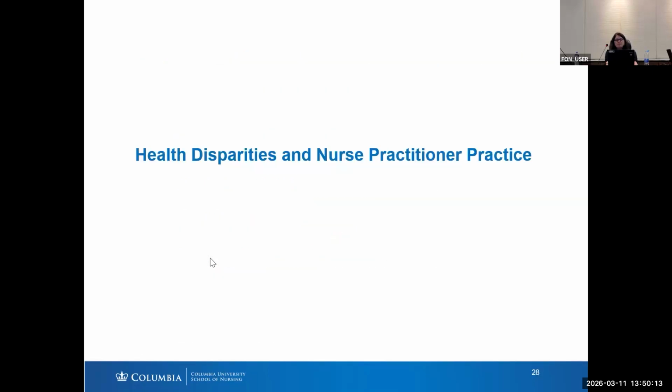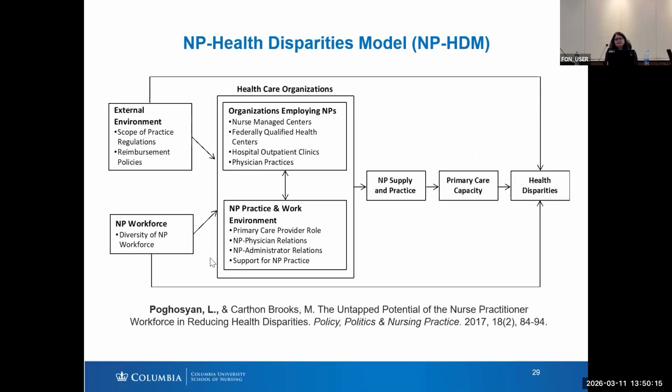But one of the biggest things that my team and I were interested in is, can we effectively use nurse practitioners to reduce health disparities? One of the things about the US is that health disparities are a major issue. And many people in the US don't have access to high quality care.